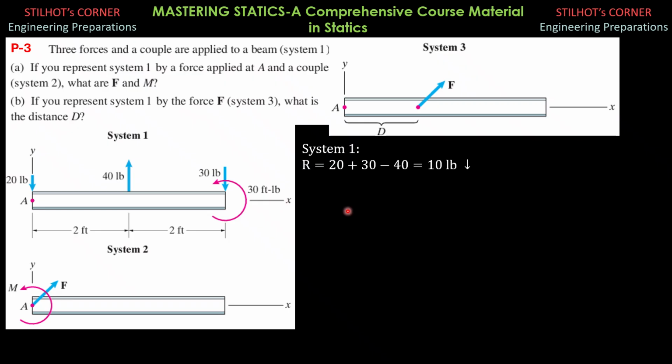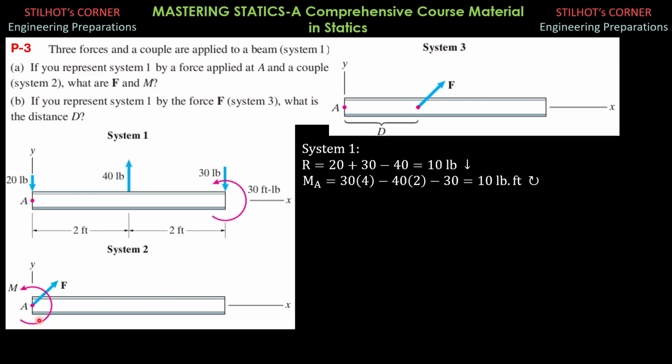So M_A is equal to 30 times 4 minus 30, then minus 40 times 2. So it is 10 pound-foot and it is clockwise.